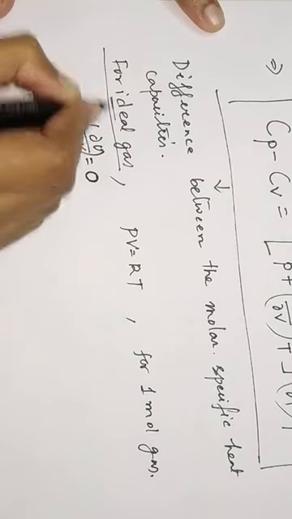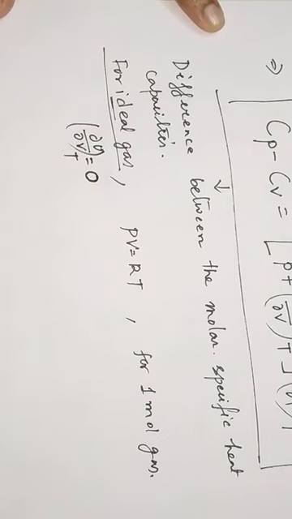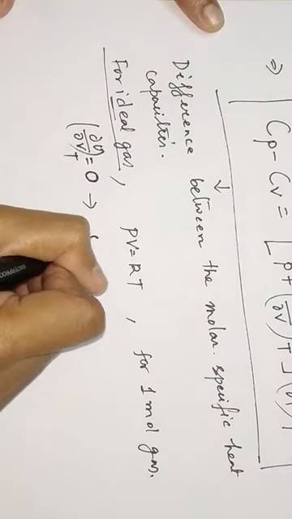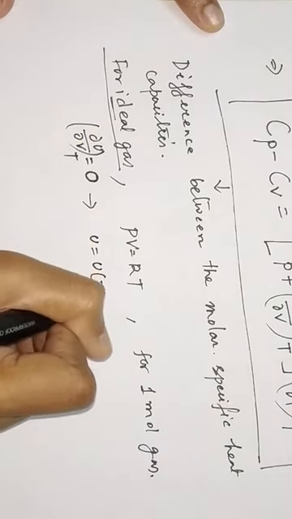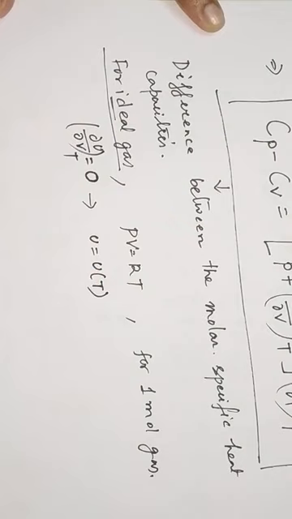Why? Because for an ideal gas U is a function of only temperature. The internal energy is taken to be a function of only temperature. So at constant temperature there will be no change in internal energy, so this term will be 0.